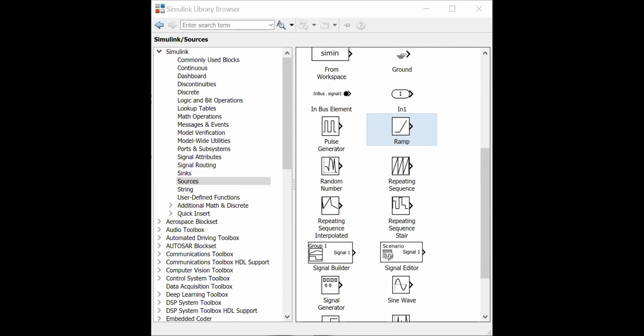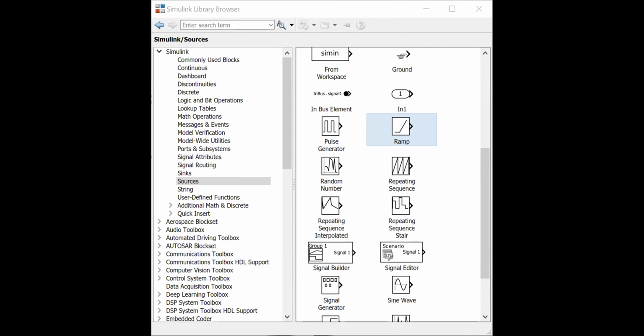So now if you look at my canvas, I have this constant, I have the sinusoid, I have this ramp, and I have this step. So constant, sinusoid, step, and ramp. So then I have the transfer function block, and I have the display block.